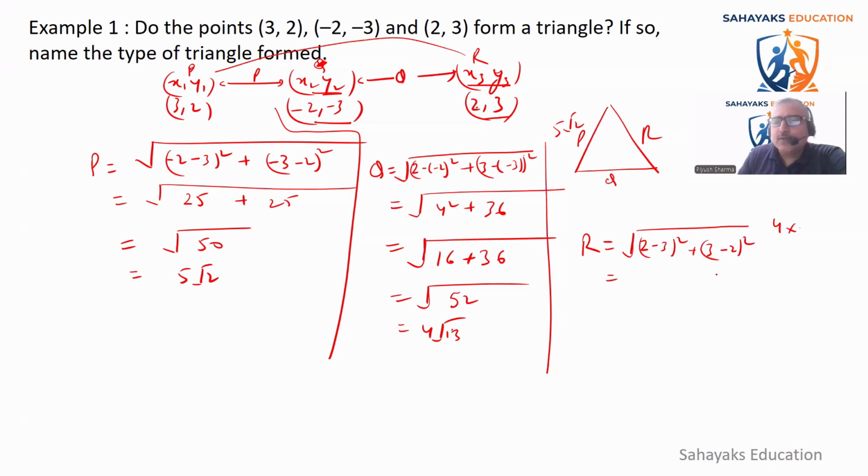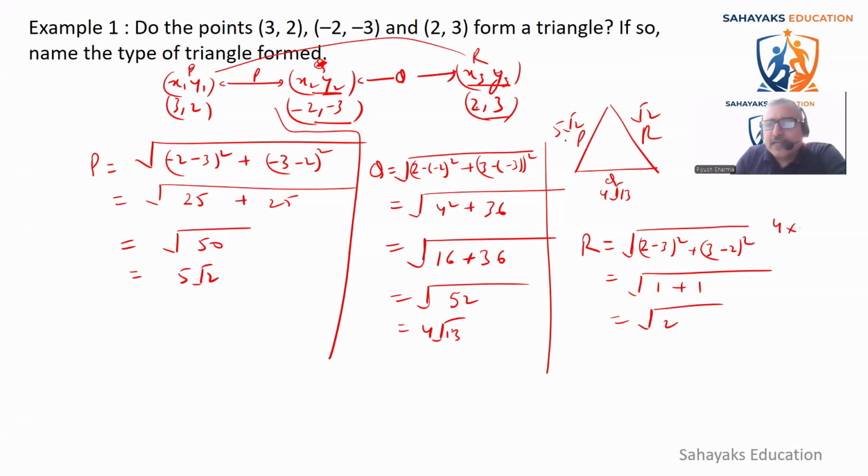So it comes out as square root of -1 whole square is 1, plus 3 minus 2, 1 square is 1. So it comes out to be square root 2. So R is square root 2, and Q is 4 root 13.